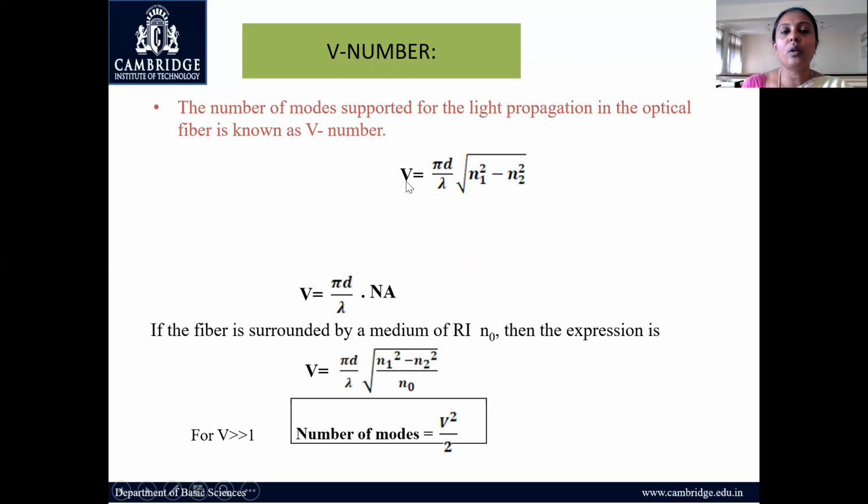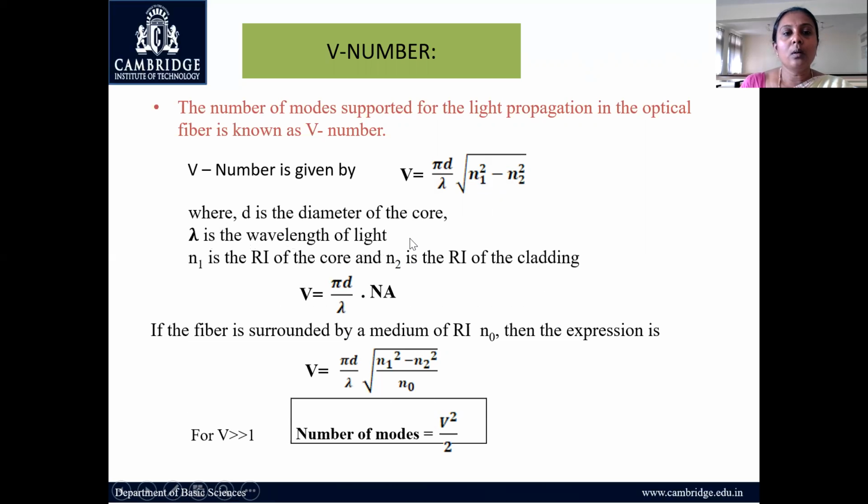V is equal to pi d by lambda into root of n1 square minus n2 square, where pi is a constant, d is the diameter of the optical fiber, and lambda is the wavelength of the incident light. And n1 and n2 are the refractive indices of the core and the cladding.